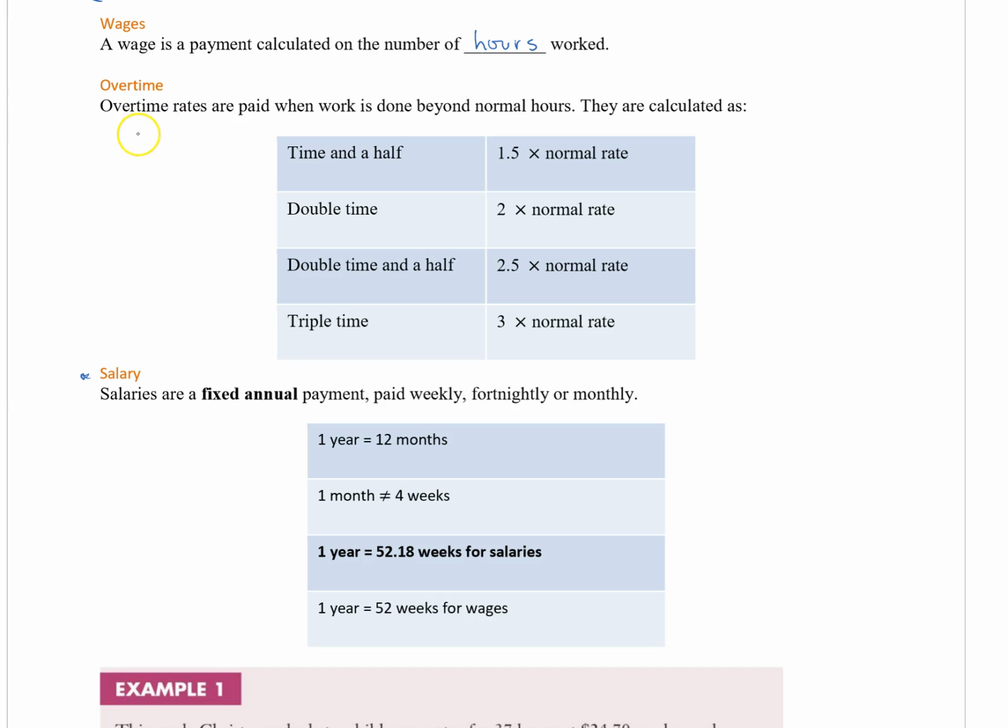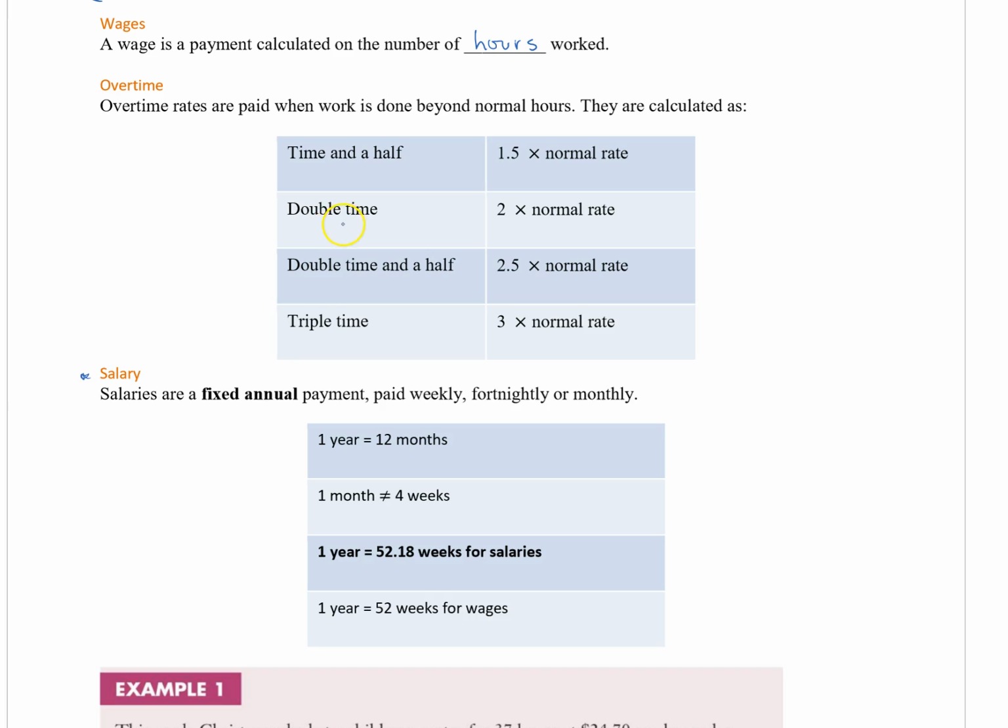Some of you may have been in a situation where you have earned overtime, and if you're working on a public holiday, you may have found that you're entitled to time and a half, which means your hourly rate is adjusted by a factor of 1.5. You're getting 1.5 times your normal rate.